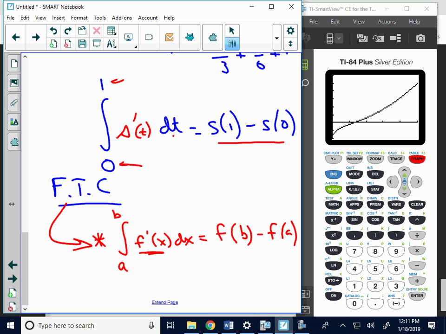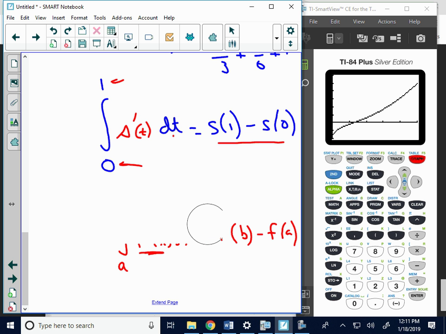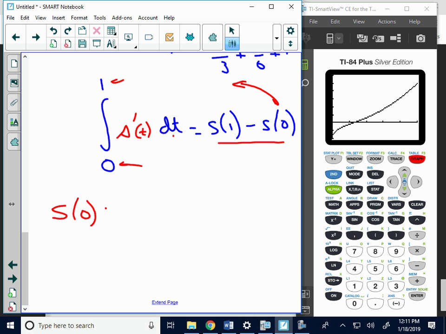So if that's the case, let's do one other thing. Let's take this s sub 0 and chuck it to the other side. So I have s sub 0 plus the integral from 0 to 1 of s prime is s of 1. They told us this was 9.